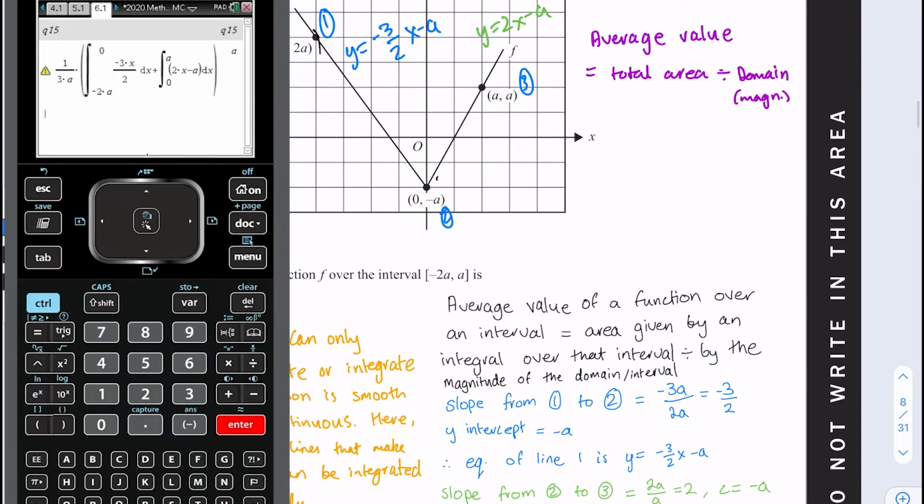So for example, if we had this here as f of x, and it was from 0 to 2, then the average value of the function would be, first you divide by the interval size, which here is 2, and then you integrate over the interval, and that's how you'd find the average value.